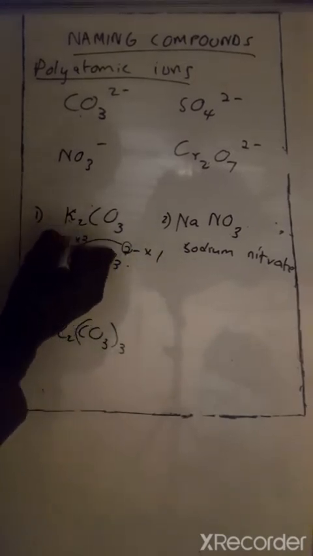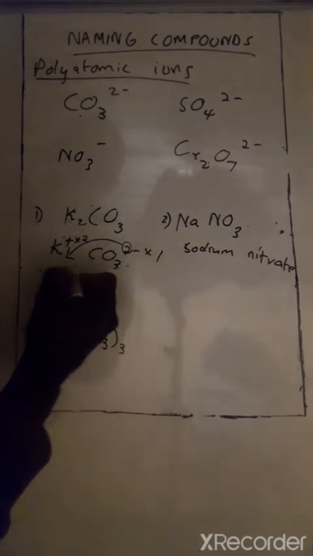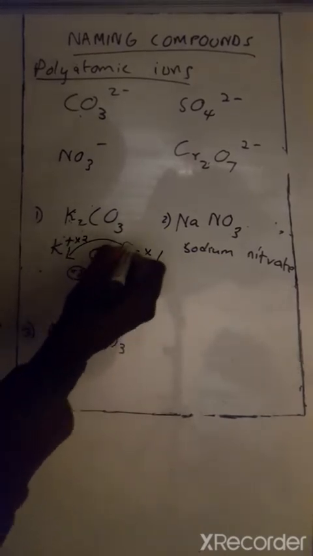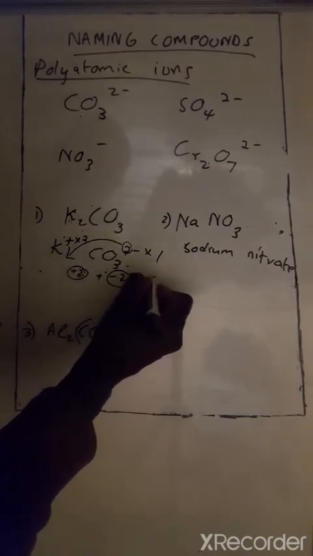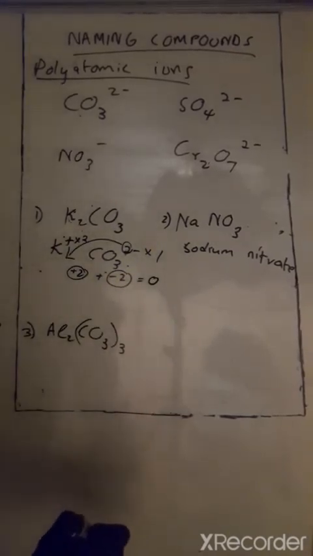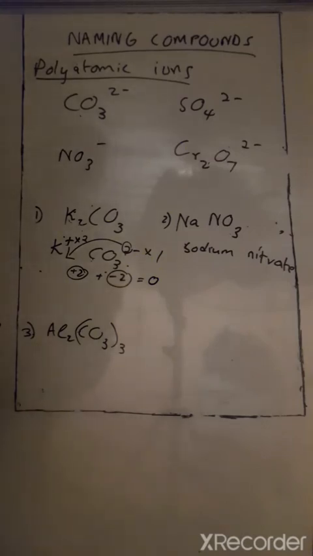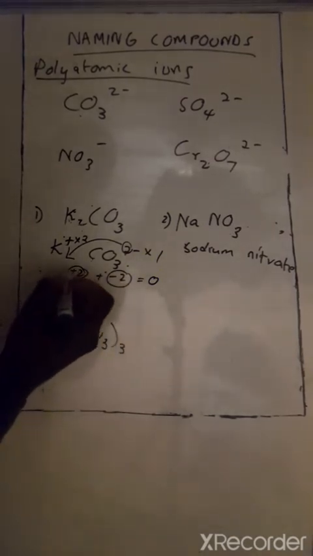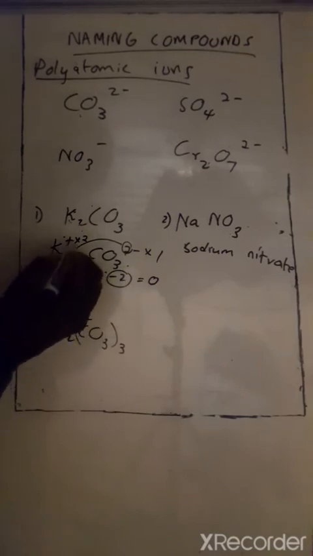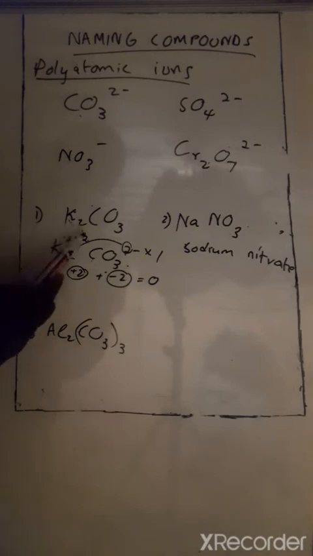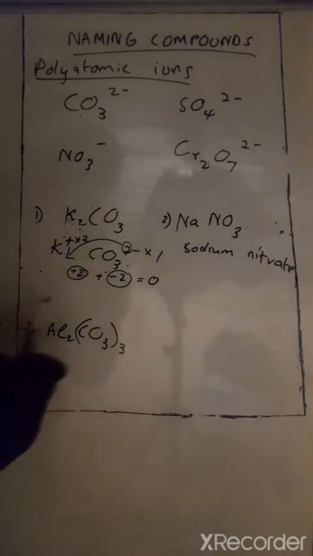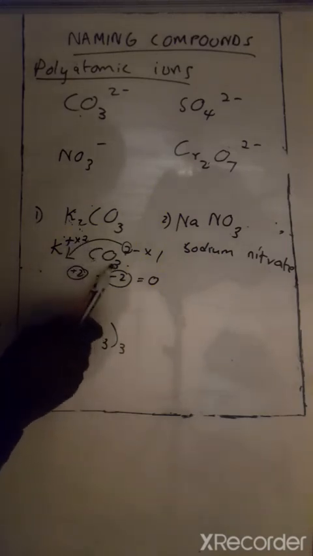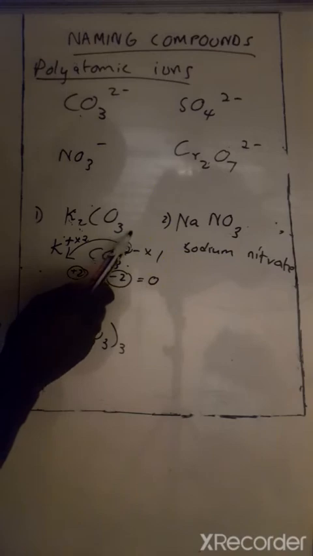We're going to have positive 2, and I have positive 2 plus negative 2, and therefore your net charge will be 0, and that's what we are looking for. The net charge of compounds is 0. So on the potassium side, we multiplied with 2. Therefore, we write it as a subscript there. What did we multiply with on the carbonate side? We multiplied with a 1.